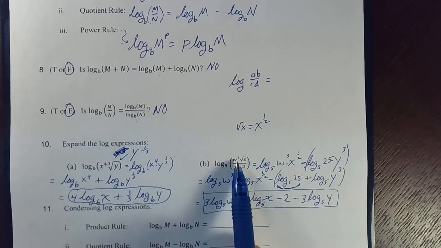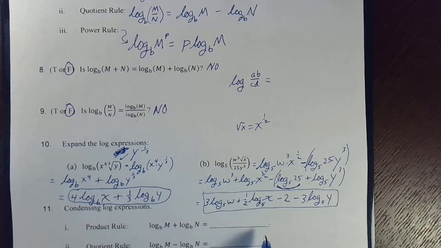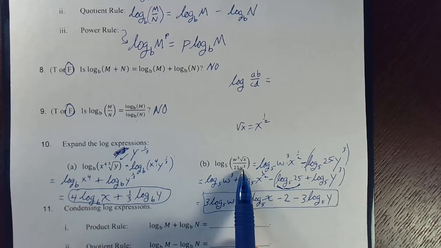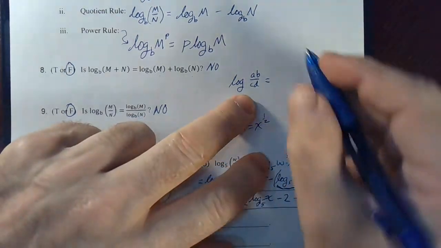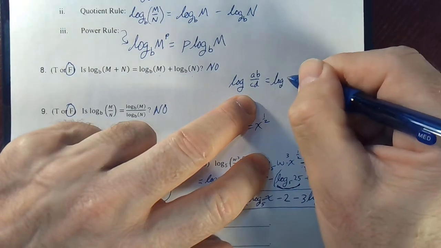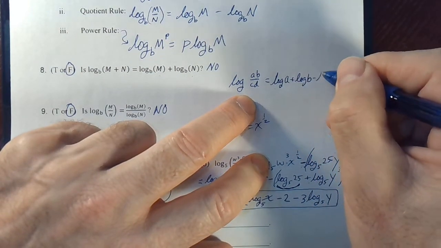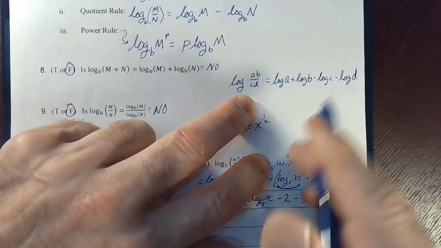Notice that we got a positive for this term, a positive for that term, and we got negatives for both of these terms. The factors that are in the denominator, when you expand them, each one of those factors needs a minus sign. So without any parentheses, I know right now that this is equal to the log A plus log B minus log C minus log D.